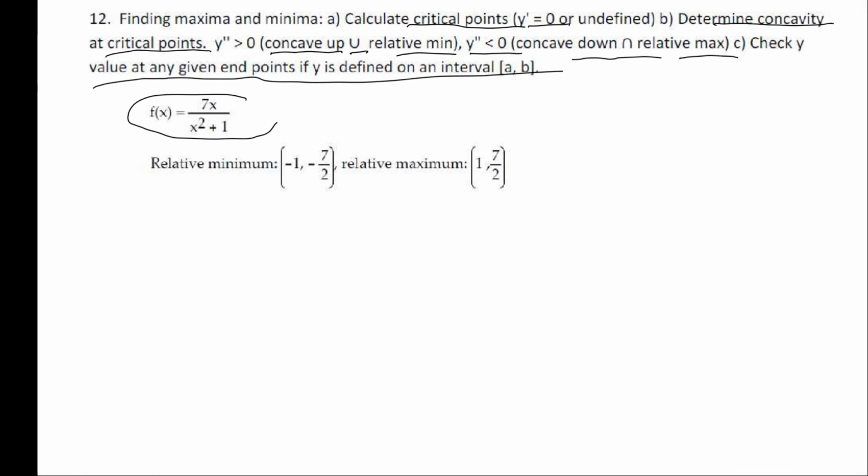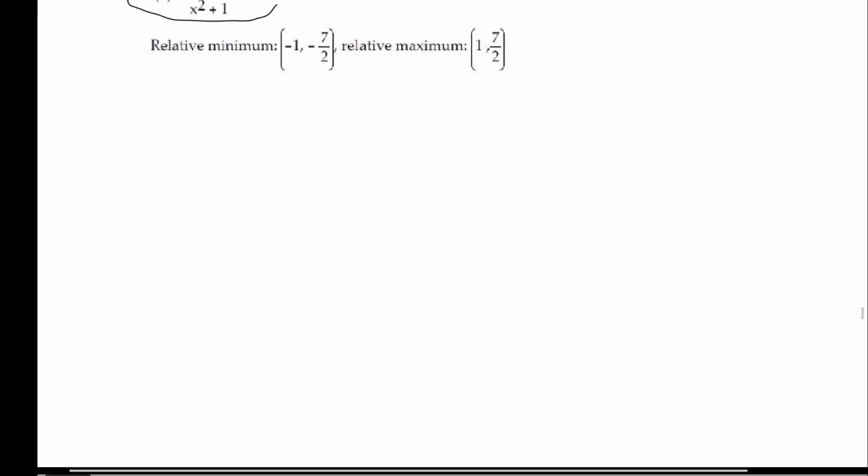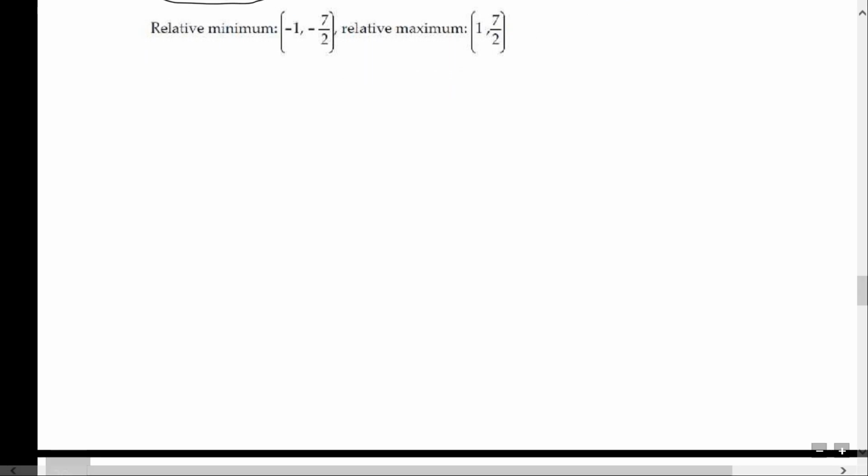We need to take the first derivative, and the first derivative of the function of x is equal to x squared plus 1 times the derivative of the numerator, which is 7, minus the top 7x times the derivative of the denominator, which is 2x, divided by the denominator squared.